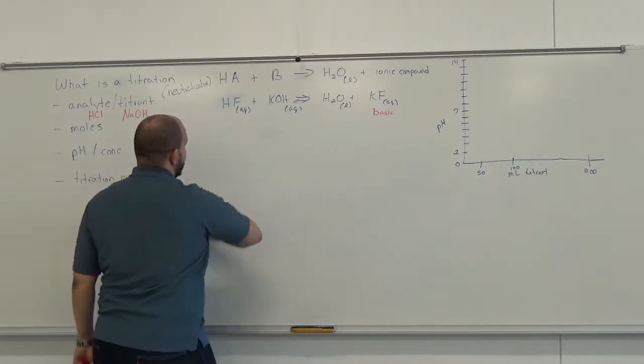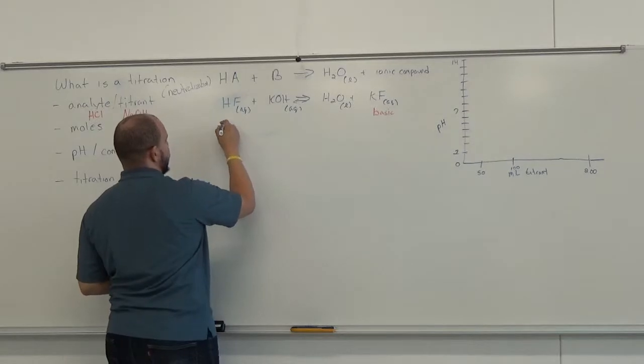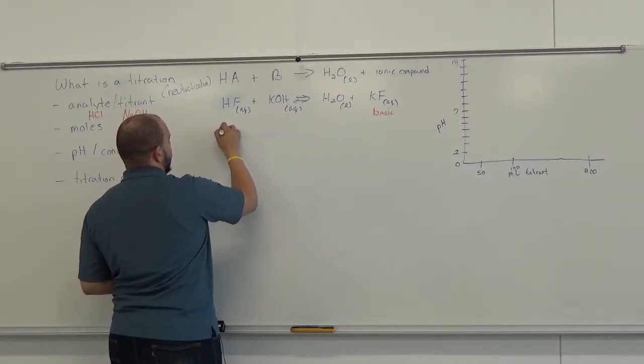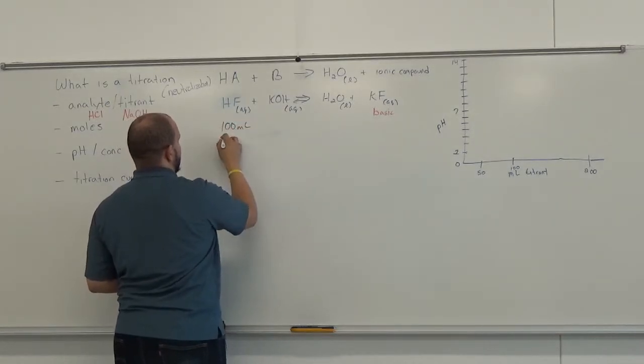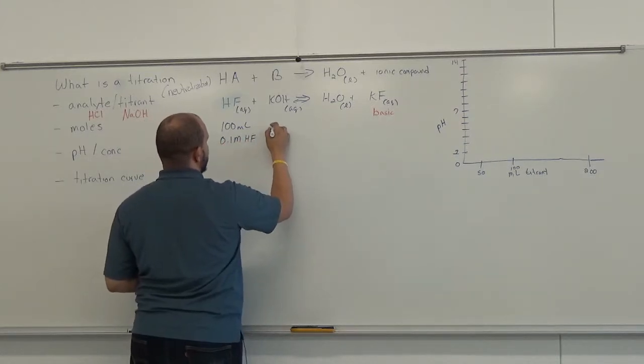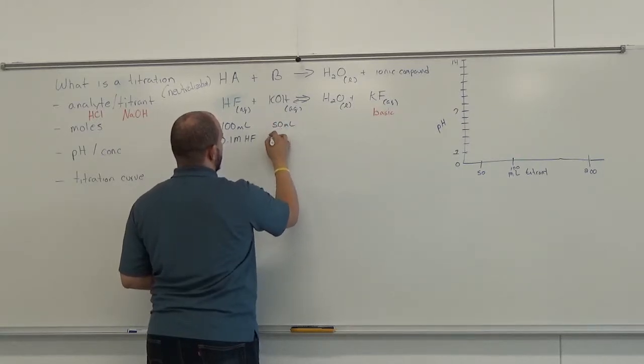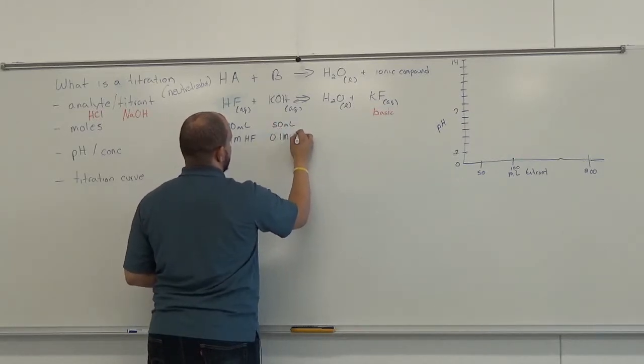That means the number of moles that we add. I'm going to use a very simple example here: 100 milliliters of 0.1 molar HF, and let's say we are using a titrant of a base, 50 milliliters of 0.1 molar KOH.